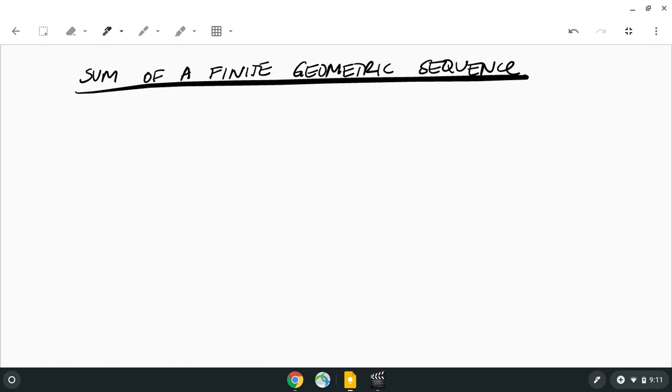Okay, so if you have a geometric sequence and you want to find the sum of the first 100 terms, that would be your n. The sum of however many terms is going to equal a1 times 1 minus r to the n, all over 1 minus r.